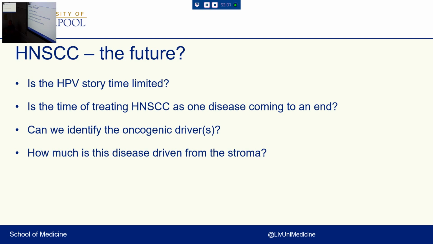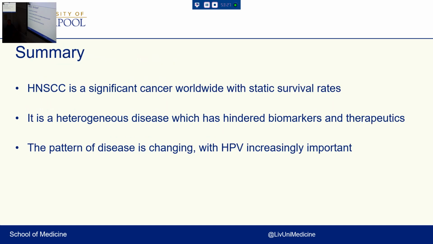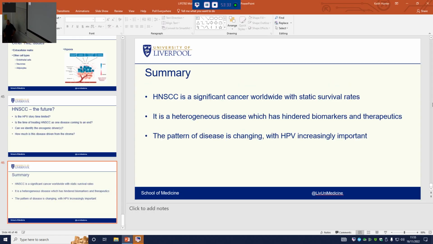So that might mean the HPV story is time limited, but it's going to run out of steam, perhaps at some point in a generation. The molecular aspects of it might mean that we're heading towards treating head and neck cancer as more than one disease. And we know that we're going to be increasingly looking at the tumour stroma as we try to develop new treatments. So that's all I have for you, and I'm very happy to take any questions that you may have.